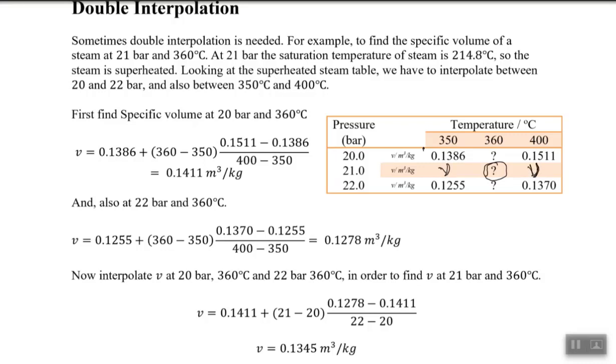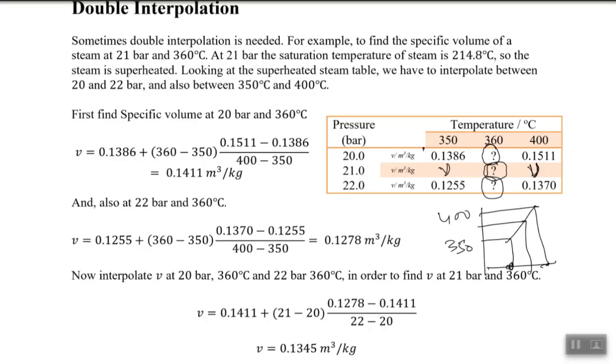That's because I have got the two extremes, or the volume should be present at this point and this point as well. That means if I am interpolating between two values, like 350 and 400, I must have those two extreme values as well.